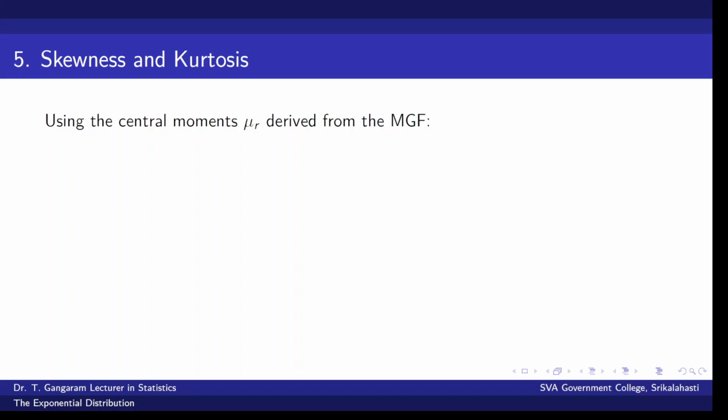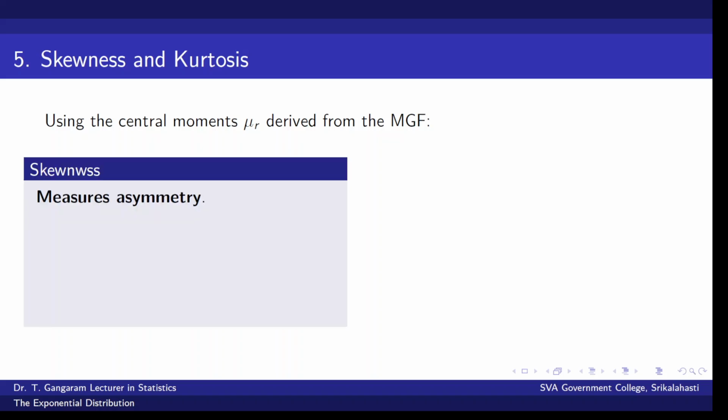Let us derive skewness coefficient and kurtosis coefficient. Using the central moments derived from MGF, we calculate mu3 first for the calculation of gamma 1 and mu2 for the calculation of skewness coefficient. By the definition of skewness, it measures asymmetry. Skewness is lack of symmetry.